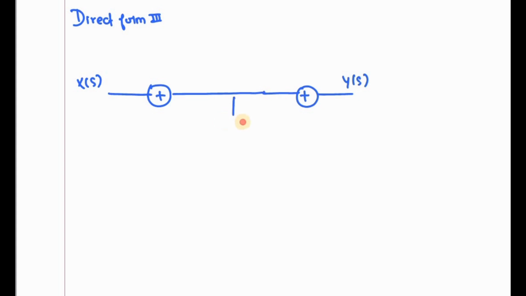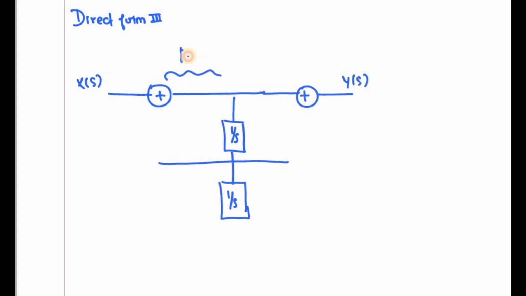Anyway, you have 1 by s, 1 by s. So here you have poles and here you have zeros.